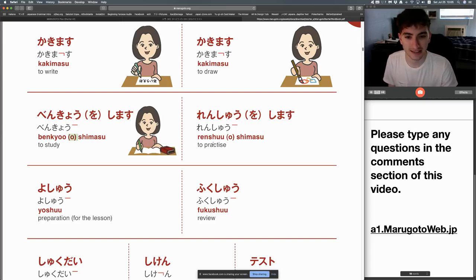To practice, you'll notice they have the British spelling in here. The word practicing, or just practice in general, is 練習, right? And again, I do something, をします. So I am practicing. 練習をします.